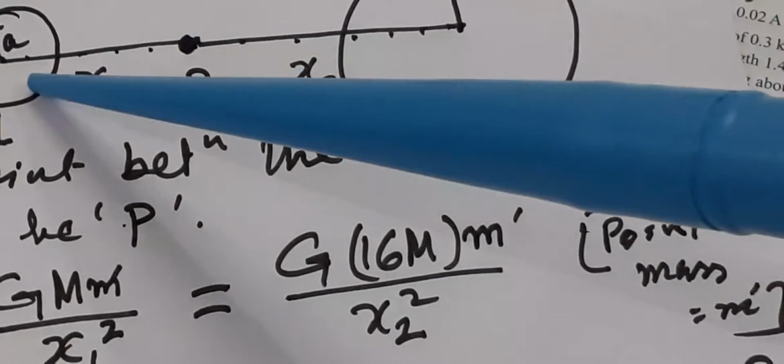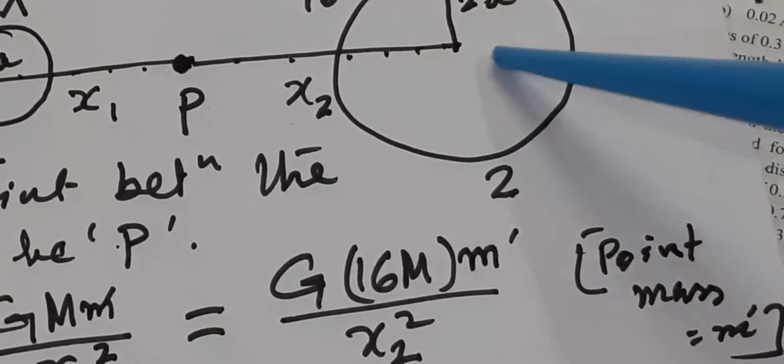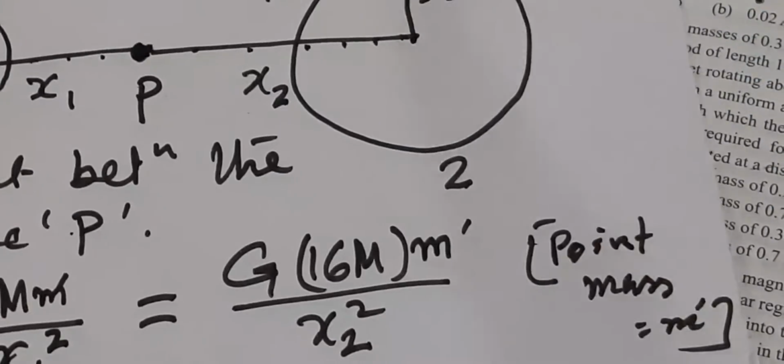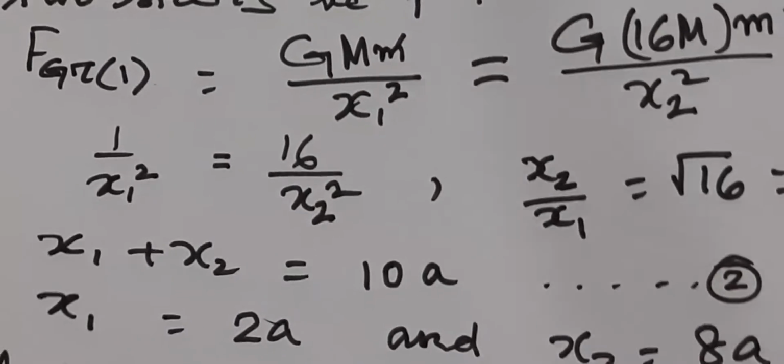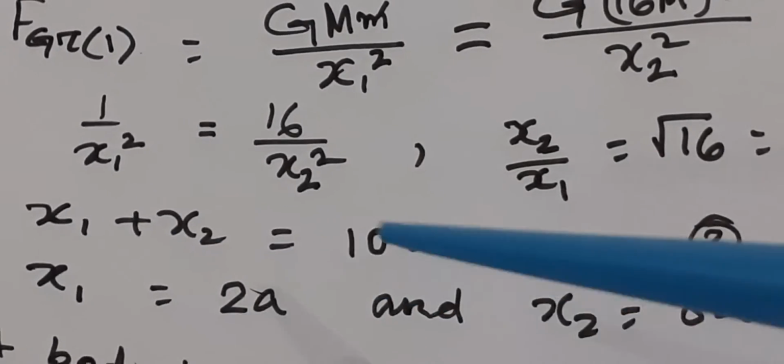And x1 plus x2 is the total distance, 10a, already given in the problem. x1 plus x2 is 10a.